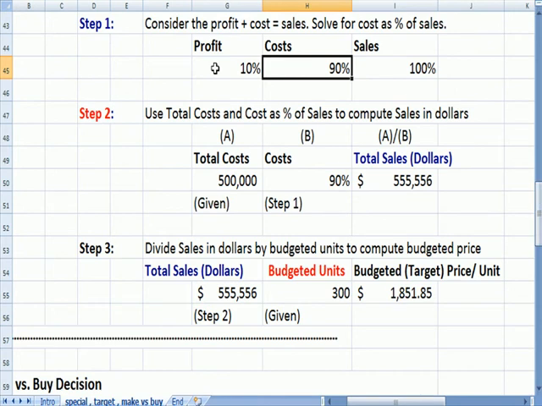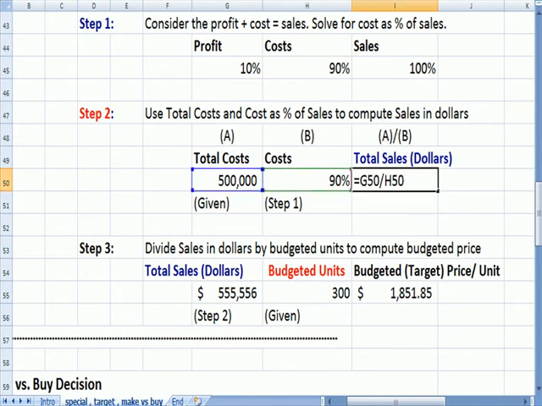Step two is use the total cost that you were given in the question of $500,000. Divide that by 90%, which is what you just figured out in step one, and you're going to get A in blue divided by B in green. You're going to get your total sales in dollars, $555,556.